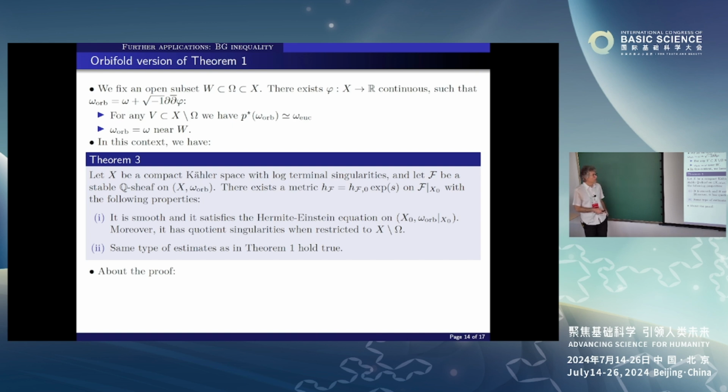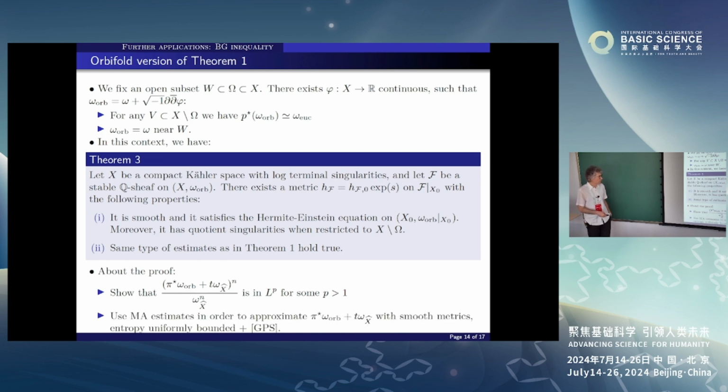Now, just a few words about the proof. It goes as follows. In the first place, because of this KLT or log terminal singularity condition, the following volume element is in L^p for some p bigger than 1 on the desingularization of X. And then in this context, we have very strong results about the behavior of the solution of the Monge-Ampere equation. So we can use the Monge-Ampere estimates in order to approximate this metric with smooth ones.